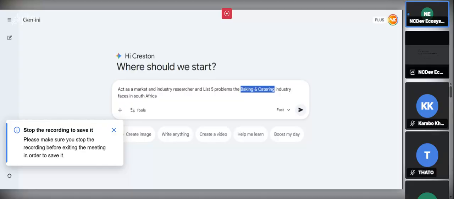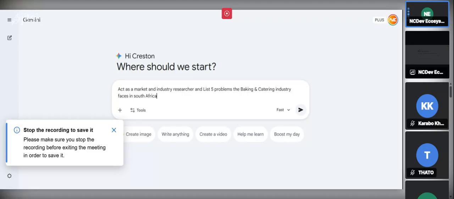There's probably a better word for that, the industry. If you guys have that word, you can just help me there. But I'm sure the AI will understand what I'm trying to say. Industry faces in South Africa.